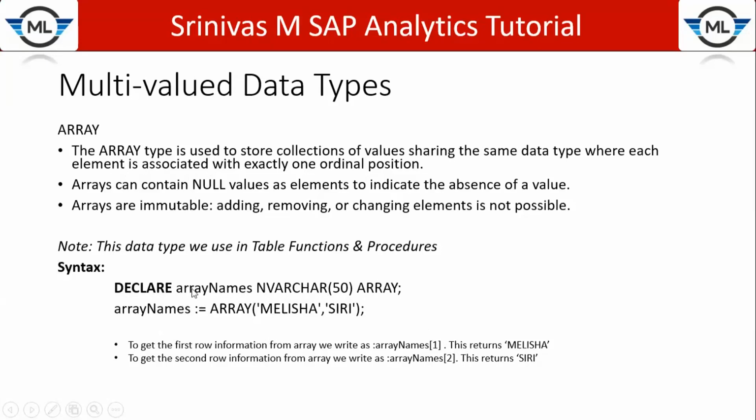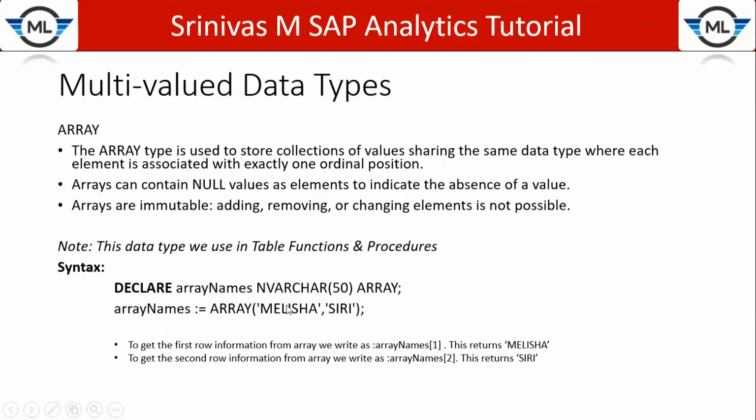But if you want to store multiple values in the same variable, then you need to define it as an array. You see here I try to store multiple strings, Militia and Siri. These are two different names. I want to store two different names in one particular variable, so I need to define that variable as of type array.